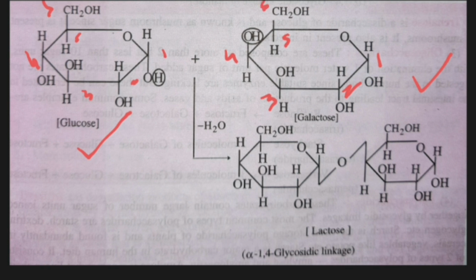They are forming the glycosidic linkage by a 1,4-glycosidic linkage. That means the first carbon and the fourth carbon are forming the glycosidic linkage. For the glucose unit, with the first carbon, the OH is attached and hanging in the downward side, and for the galactose, the OH is in the upper side.